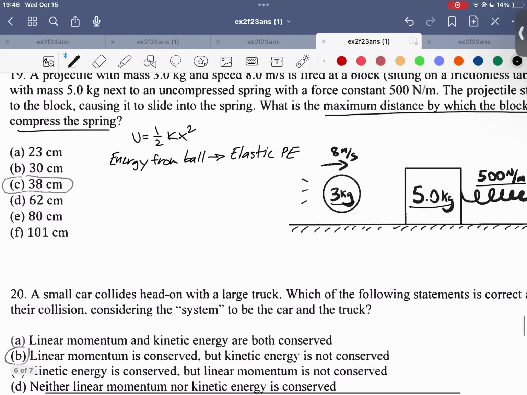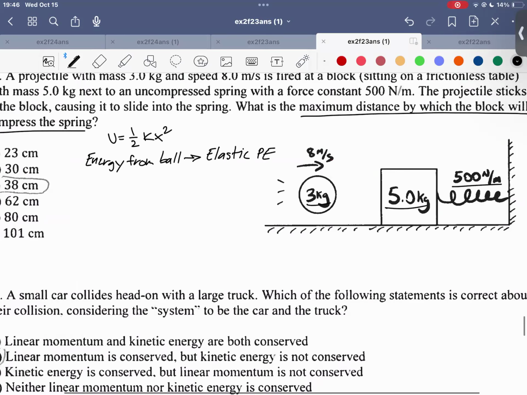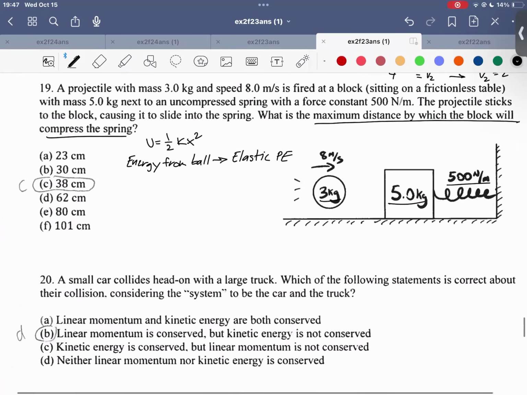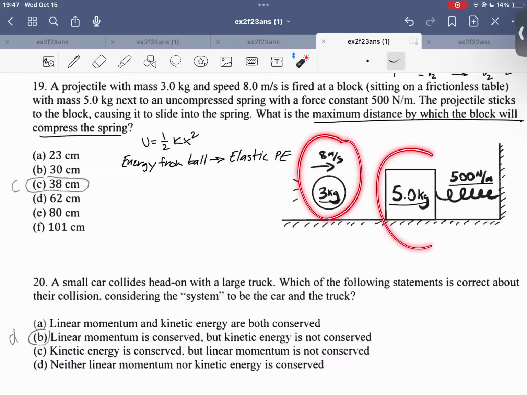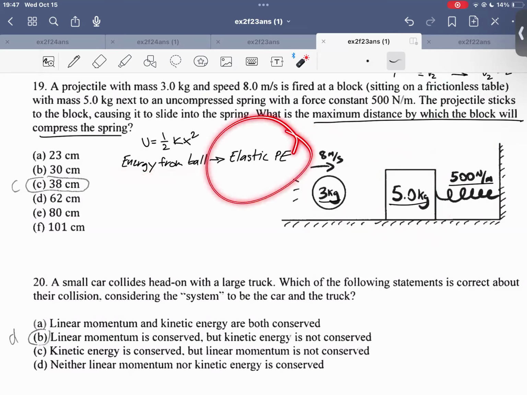Okay. And so when we do this, we'll first use the momentum between these two. We'll calculate momentum. We'll convert what we get here from momentum into energy. And from there, we'll solve this elastic potential energy.